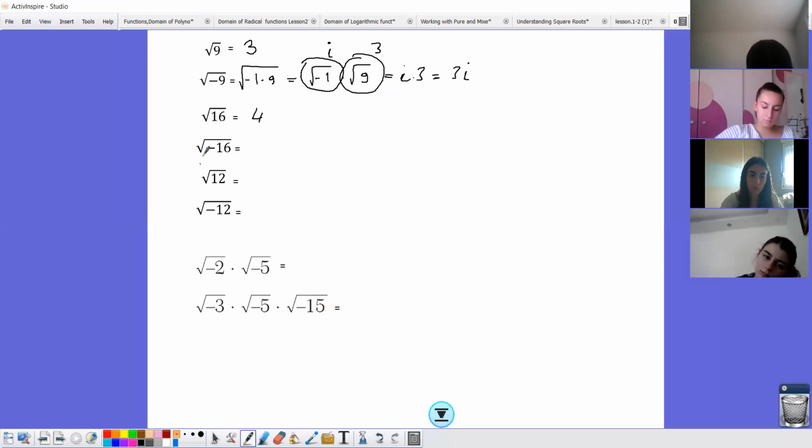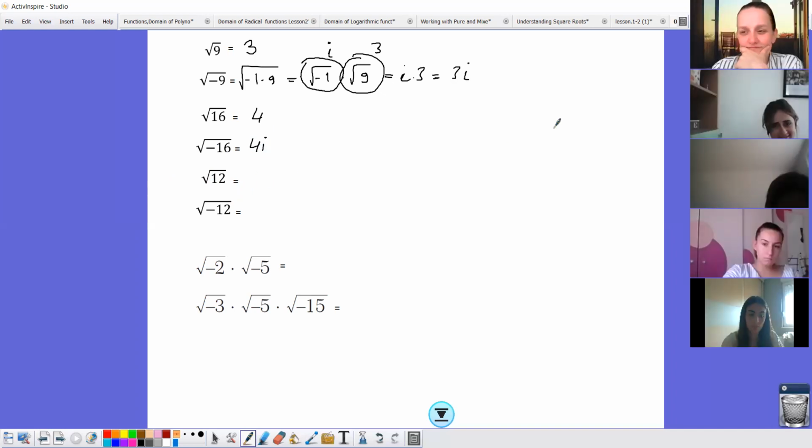Now root of 16? 4. If we write directly root of -16, what will it be? 4i. Because you have this minus, that minus goes out as i. So 4i. Root of 12: do we know root of 12? No. But we can write it as 4 times 3, which will be root of 4, which is 2, times root 3.